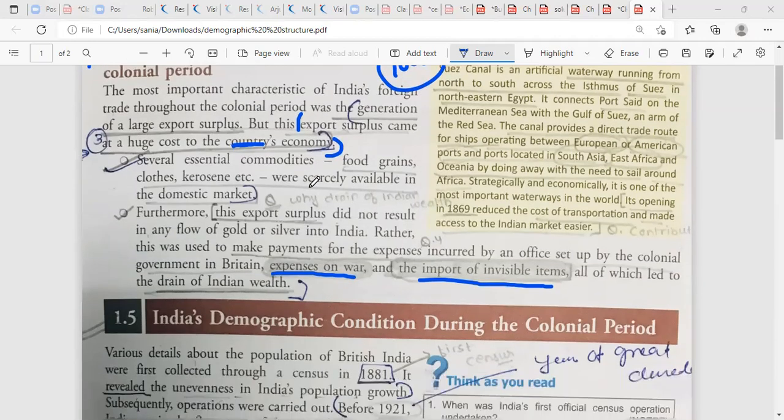So you can see from here you will write the first point, several essential commodities and so on, this entire thing. Okay. First point and second. Students, just write till here. Okay. Then I'll tell you.